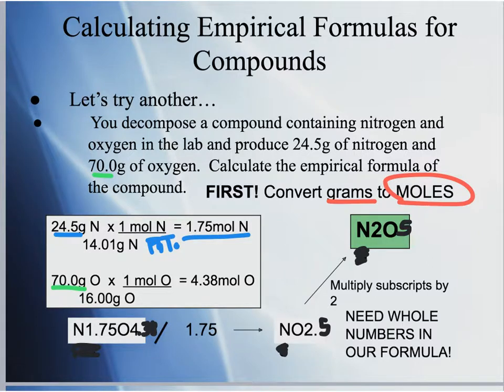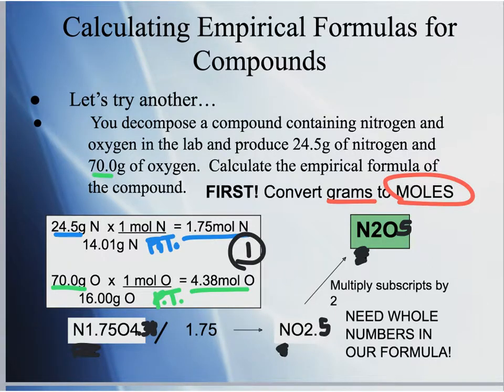It's from grams to moles of oxygen. Again, using our periodic table, 1 mole of oxygen is equal to 16 grams of oxygen. And so when we do the math, we end up with 4.38 moles. So remember, that's our first step, going from grams to moles.